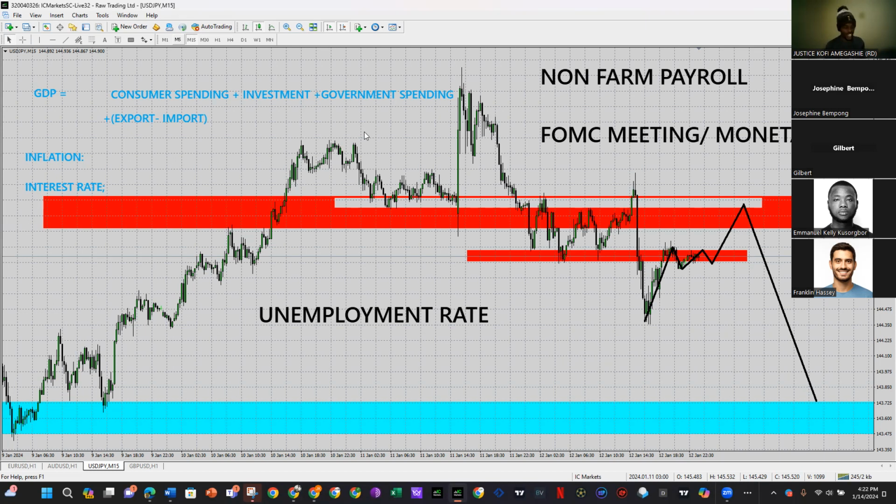So with the FOMC, it's very important to pay attention to what will be released, and you are listening to whether they are planning on cutting the interest rates in the year ahead. That gives you an idea what they are planning. So let's say in a FOMC you heard the Fed president saying that I am aiming to reduce interest rates in March by 1 point.